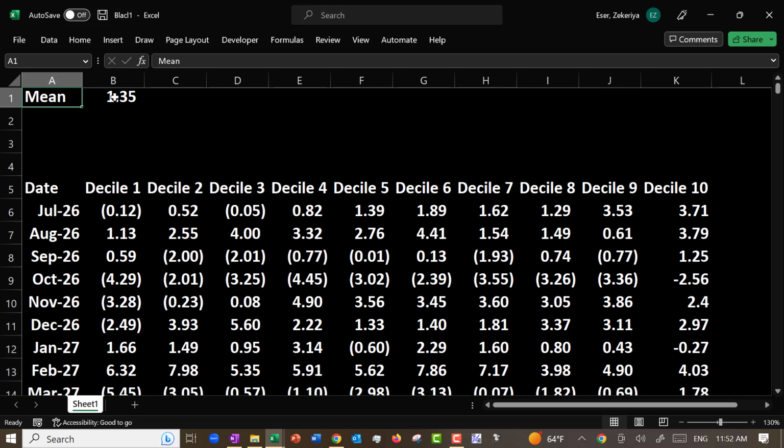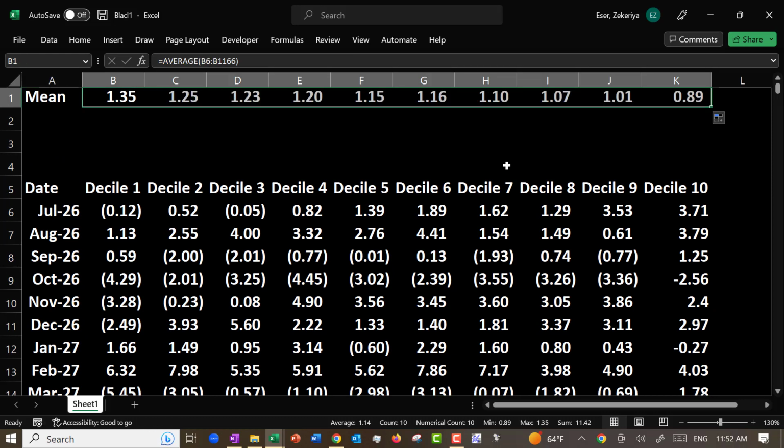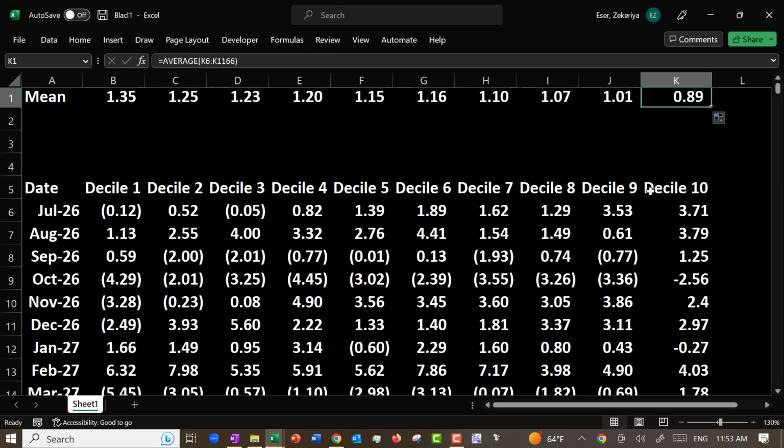So this says, remember, these are only monthly returns. Over the last 97 years or so, the stocks that are in the smallest 10% of existing stocks have brought in a return of 1.35% a month, not a year, a month. And the stocks that are in the largest 10% brought in a return of about 0.89%.